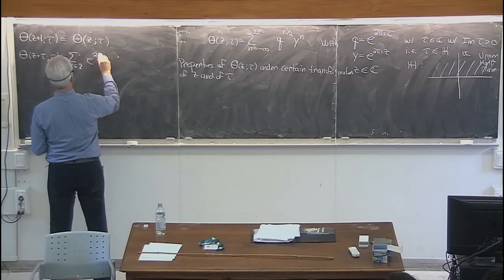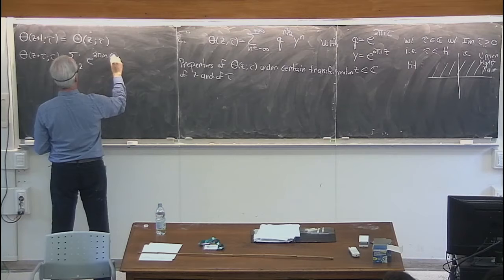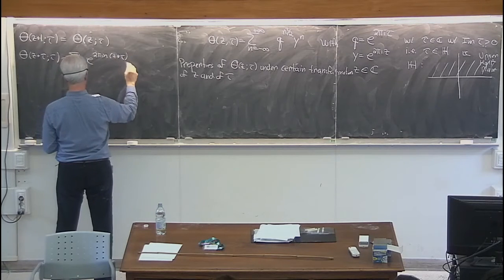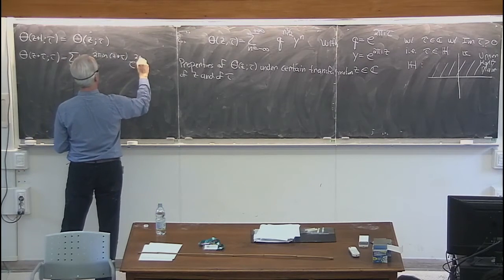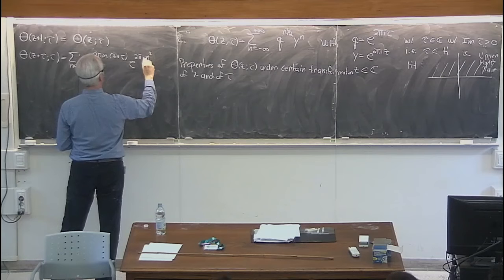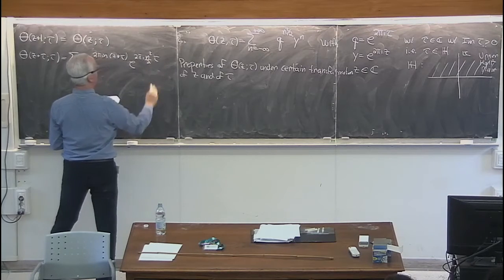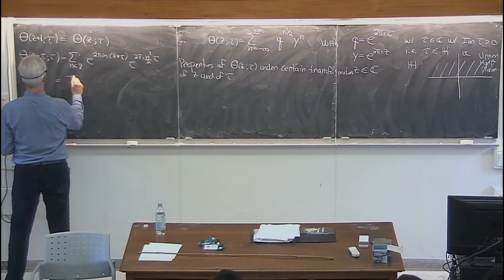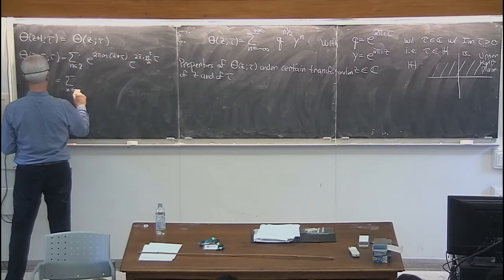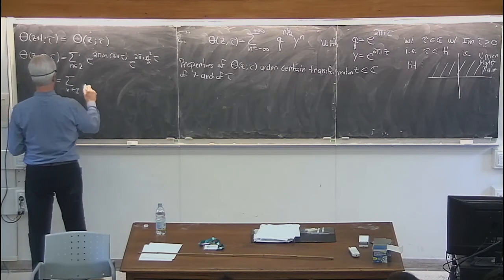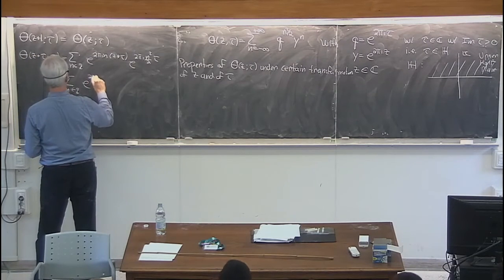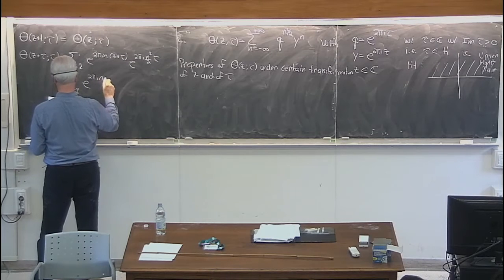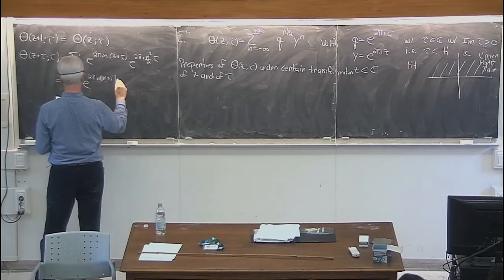So I shift z by tau. I'm writing out explicitly what q and y are, so there I've just shifted z by tau. And now I can rewrite this as follows, kind of skipping a step, but I'll explain what I'm doing here.